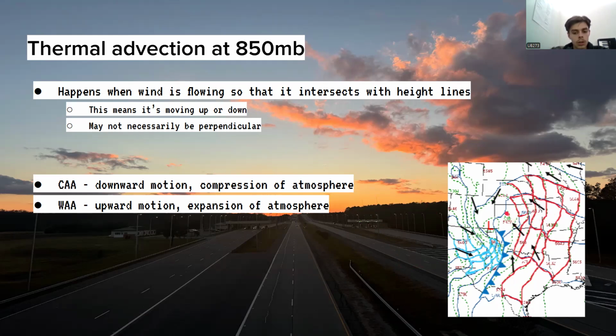It's just at an interesting angle that's in between 0 and 90. Where we have cold air advection, we're going to have downward motion and compression of the atmosphere. Warm air advection, we're going to have an upward motion and expansion of the atmosphere.